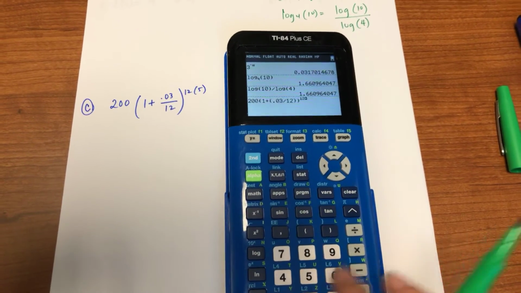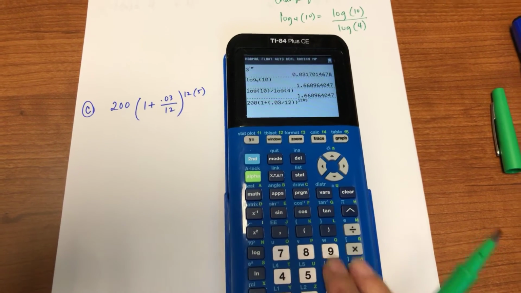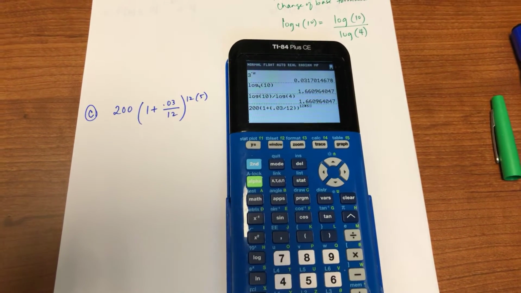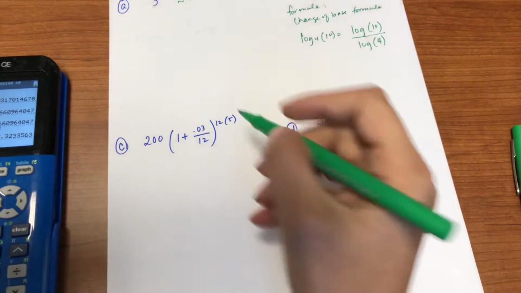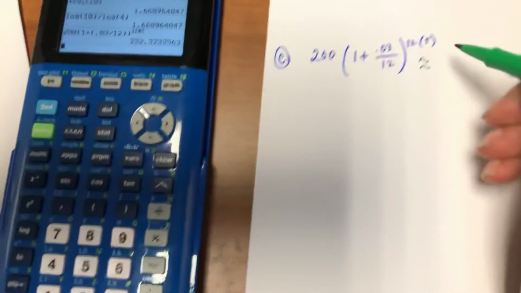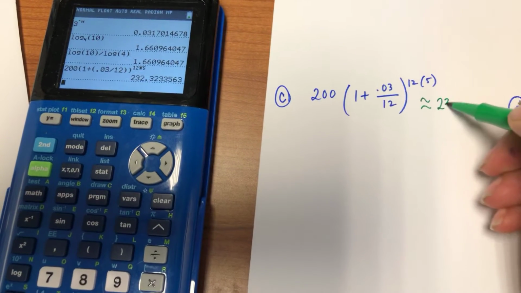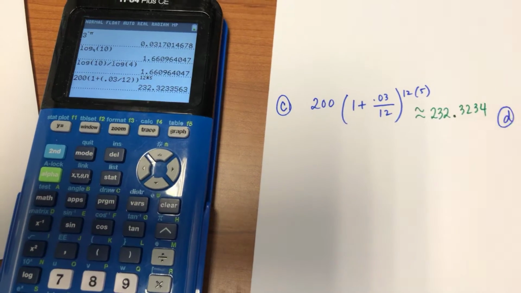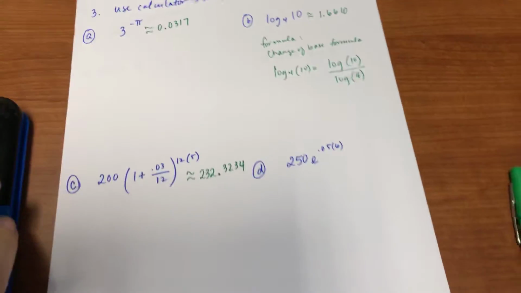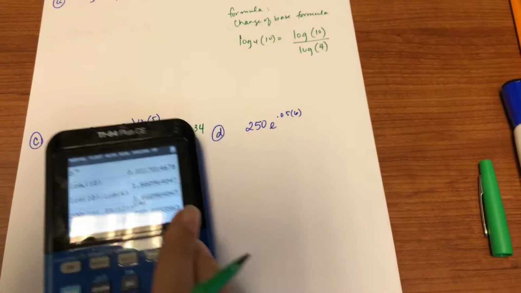Raised to 12 times 5. On older calculators, you may actually have to put in 60 for that one, and you hit enter. And so this one we get approximately 232.3234.